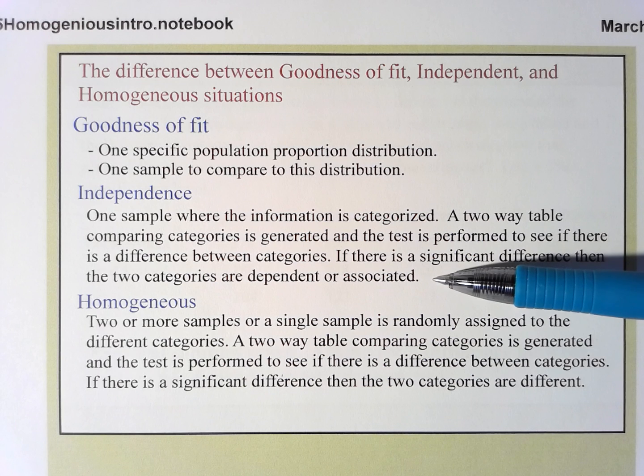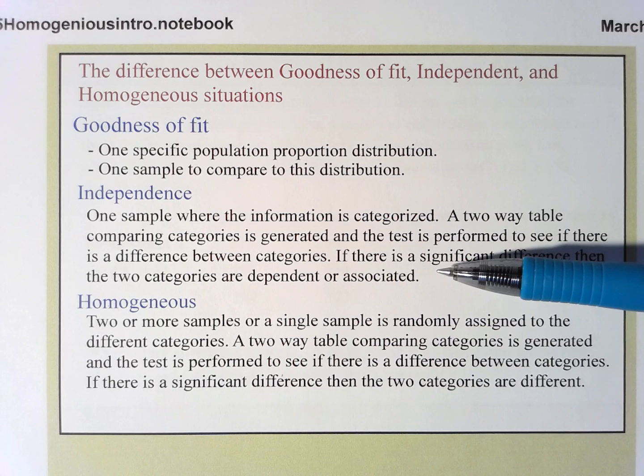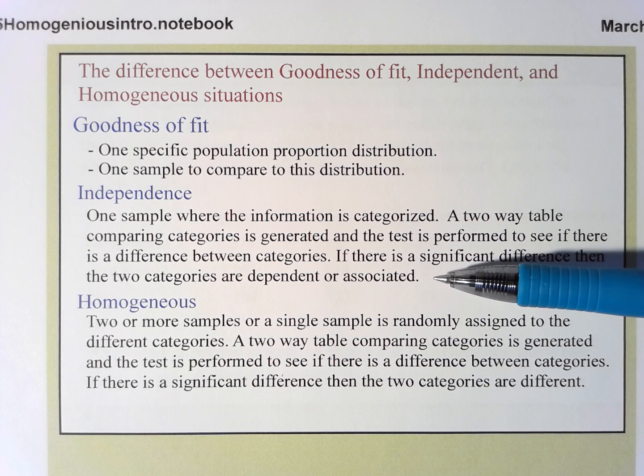Independence is basically a two-way table that gives you 2 categories, and those categories are either dependent or independent on each other, and we can use the observed table and see what we'd expect to see if they were independent, and then from there do our test.